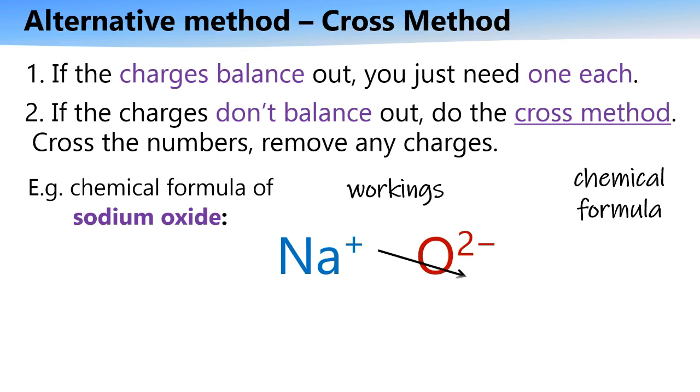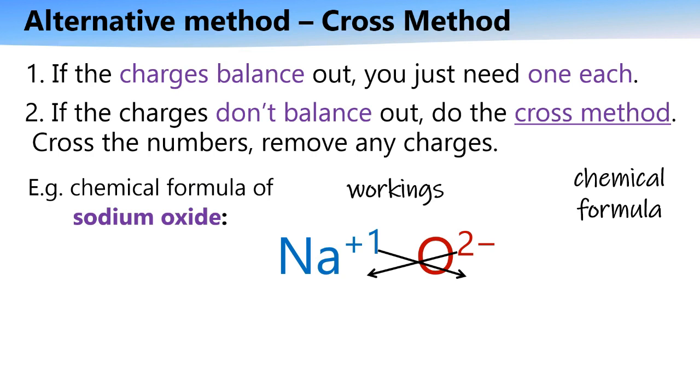We are going to do a cross. If you look at Na plus, I say on top, cross the numbers. But for Na plus, there's no number to cross. So what do you do? If you think about it, when I only have plus or minus, the number there is actually 1.